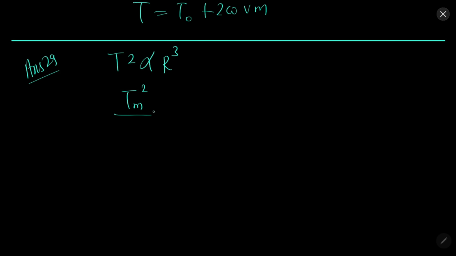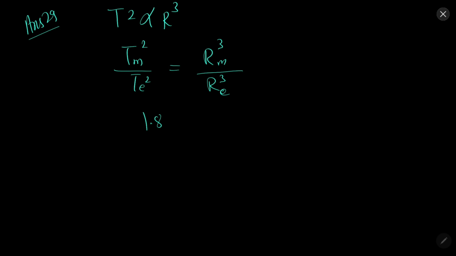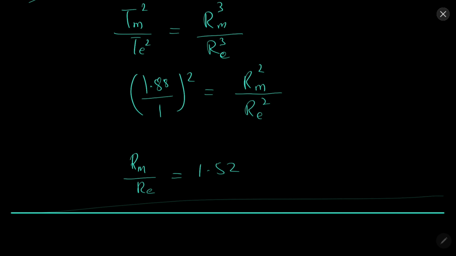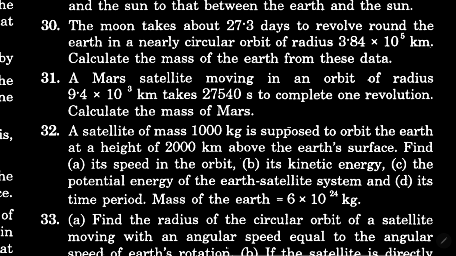So T square for Mars over T square for Earth equal to r cube for Mars over r cube for Earth. 1.88 over 1 square equal to Rm cube over Re cube. So from here the ratio of Rm over Re will come out to be 1.52 approximately.